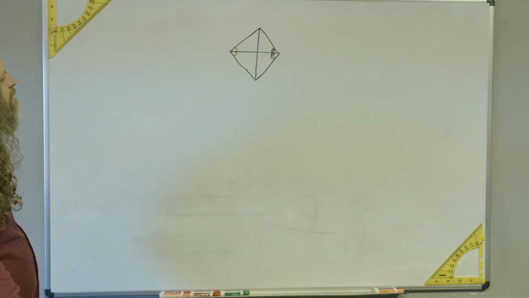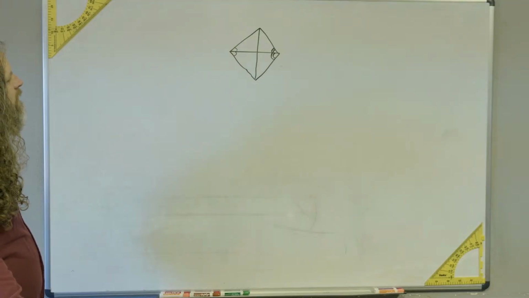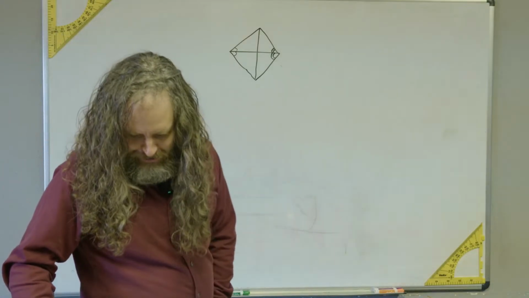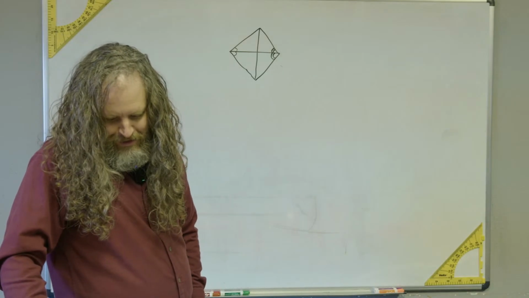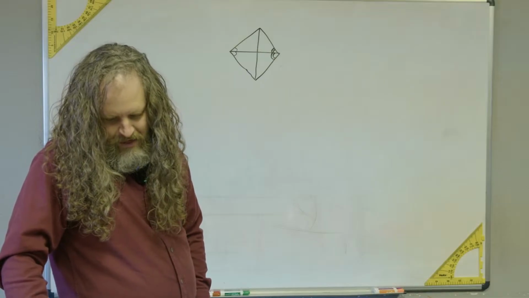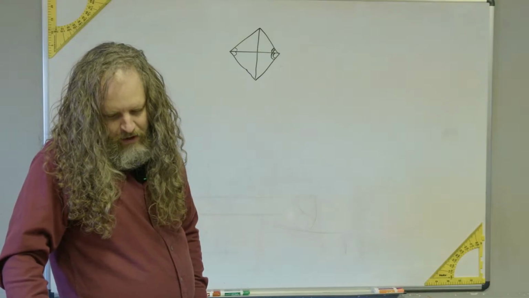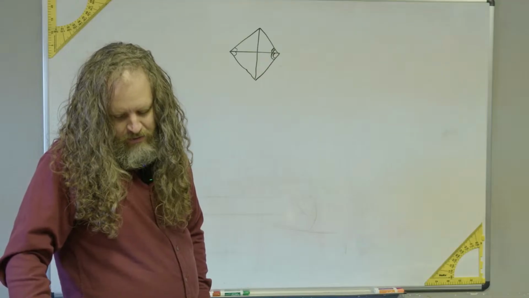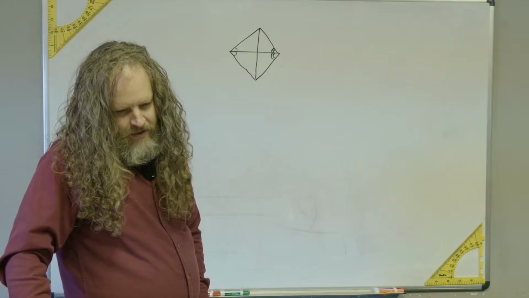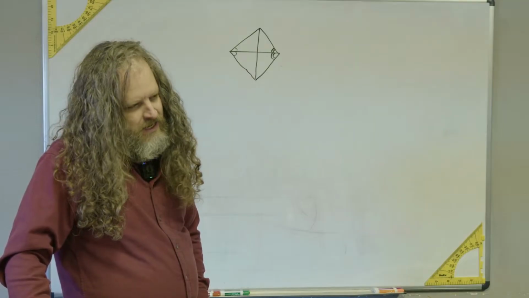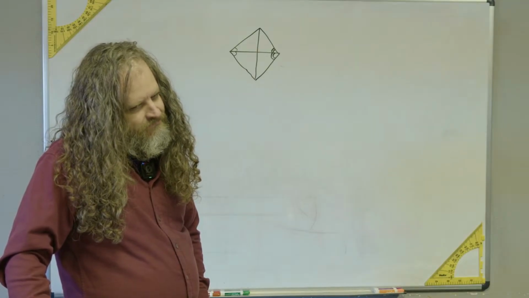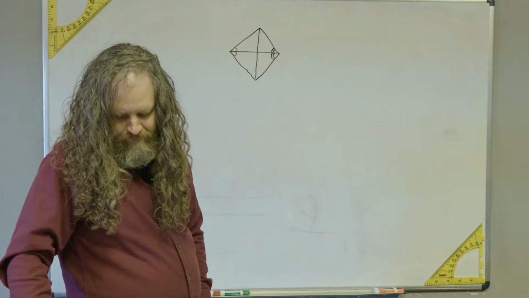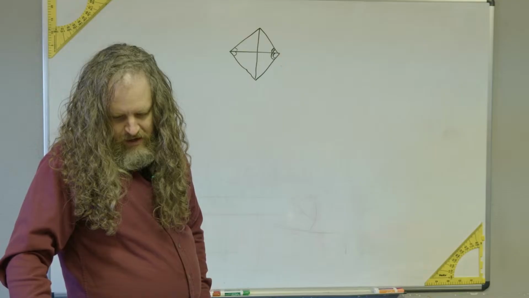I'm sorry, because my brain is thinking, is that even right? I know it literally says that in the book, but if one diagonal of a parallelogram bisects a pair of opposite angles, then the parallelogram is a rhombus. I feel like, unless it's a kite, because the kite also bisects it.